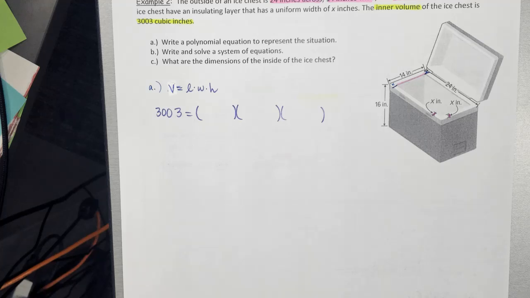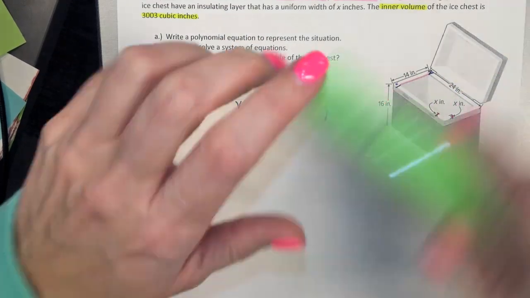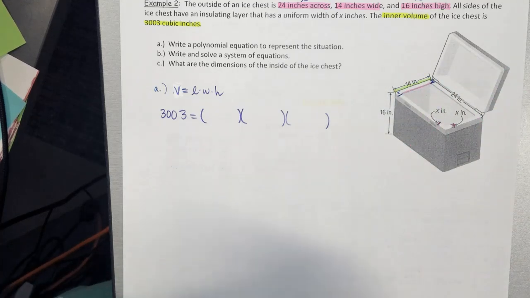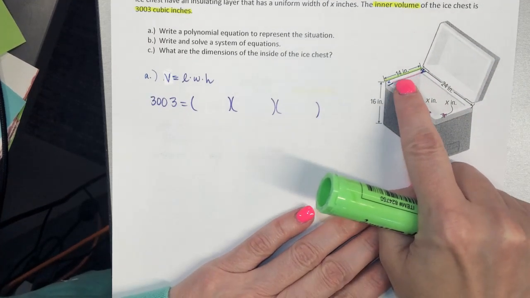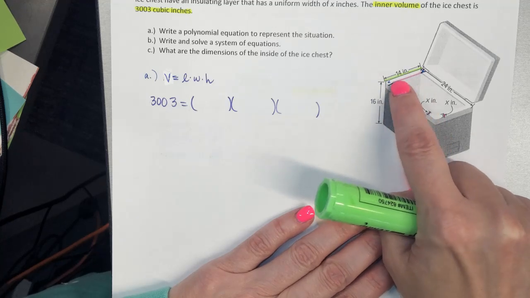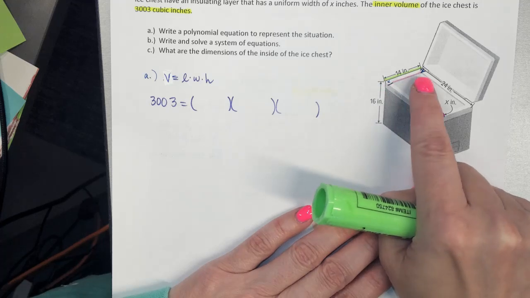All right, a few people figured it out. A few people are very close. If you know this whole thing is 14, this whole part here, you're trying to find what I highlighted in pink. So what do you have to subtract from the 14 to get this? 2x, not just 1, because you have x on each side.